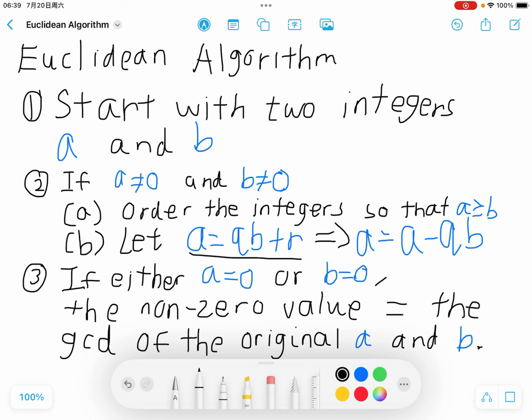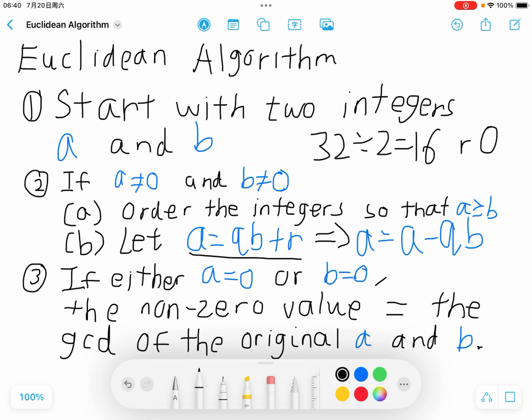This is basically the quotient and remainder. So Q is quotient, R is remainder. A is larger than B, right? If I divide A by B, we're going to get an integer Q, and the remainder is going to be R. So let's say I have 32 and 2. 32 divided by 2 is going to be 16, and there's no remainder.